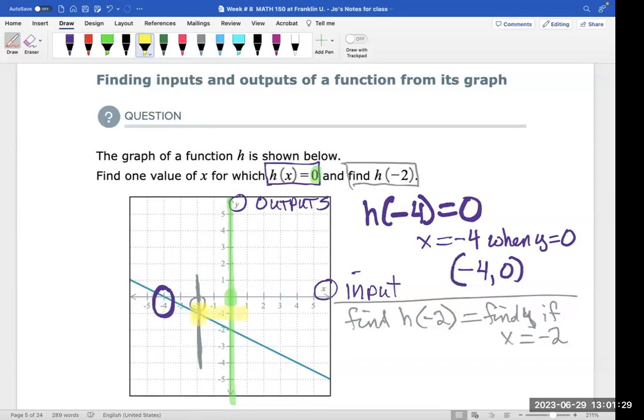So I look over here and that would be -1. So H of -2, make your X -2, and where does it cross that blue line? The Y is -1. So -2, -1 is this point right here. And -4, 0 is this other point.